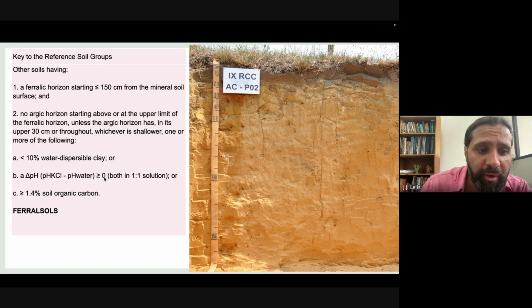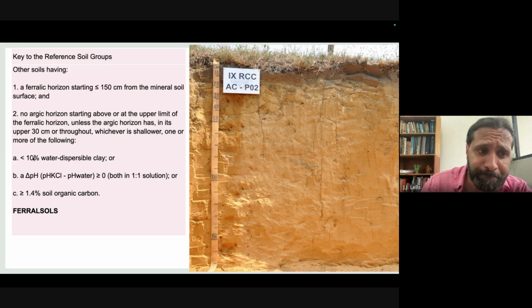Okay, or the other option is that this Arctic horizon registers 1.4% of soil organic matter or organic carbon, 1.4% of soil organic carbon or more than this. So we must register a high content of organic carbon in this Arctic horizon.